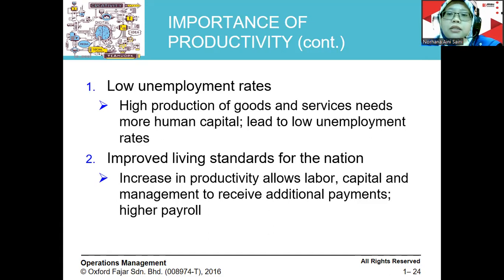Meaning that everyone has a job, no one is jobless anymore. That's why productivity is important, so that we can have a low unemployment rate. Unless the productivity is low, then people have no work to do, so that's why the unemployment rate becomes high.